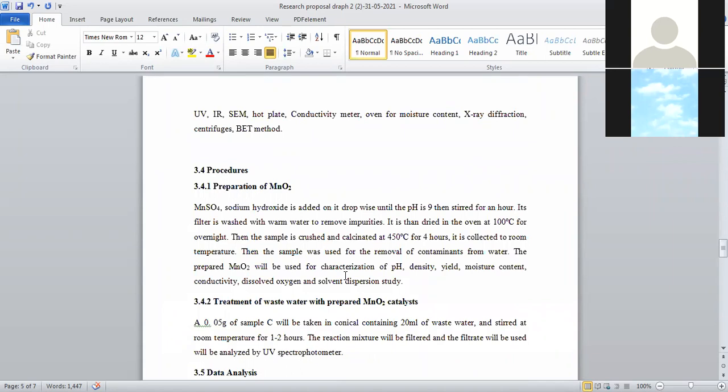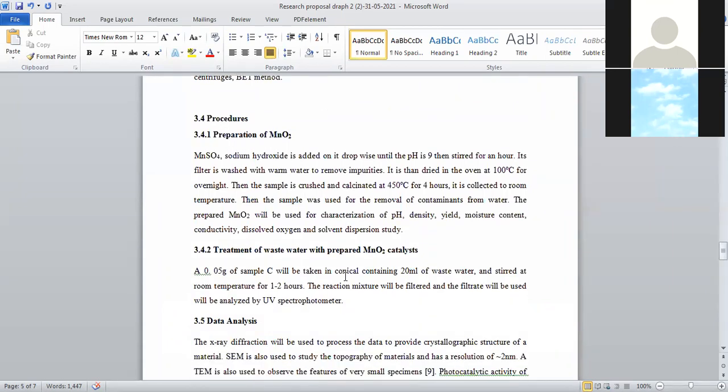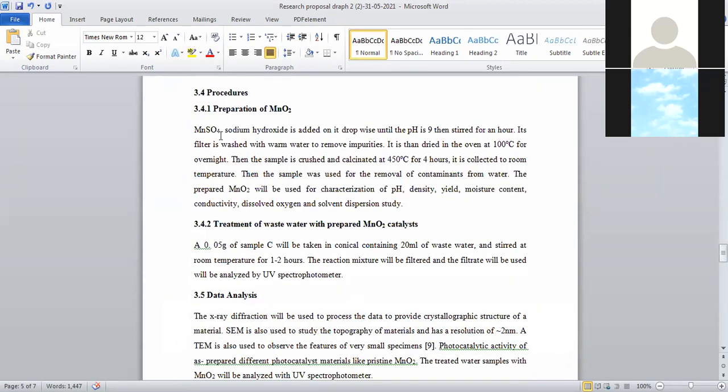Then you have the procedure for this, right? Then what procedure will you be following? Suppose you want to extract some antioxidants from plants selected here, so you will write collection from there, and then drying the sample in air, drying those plant leaves in the air, then washing with water, right?